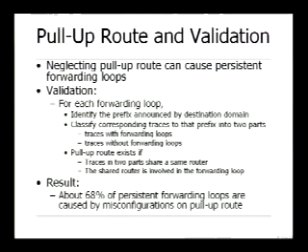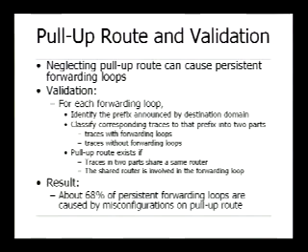Since flooding attacks exist in the internet, and misconfigurations of pull-up routes can cause persistent forwarding loops, here we want to verify how many persistent loops are caused by pull-up routes. We have a simple heuristic to validate misconfiguration of pull-up routes.